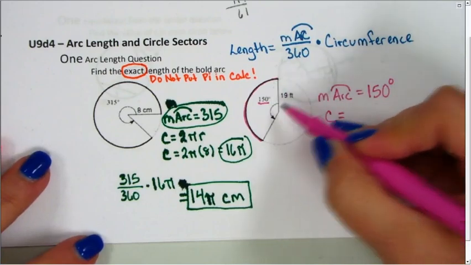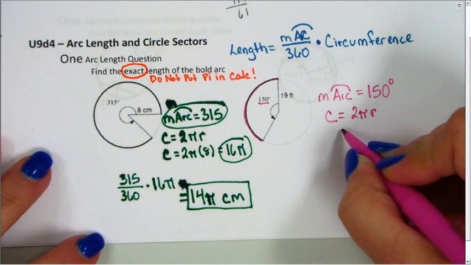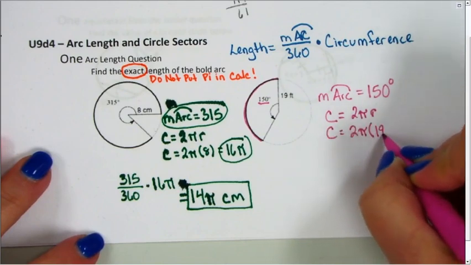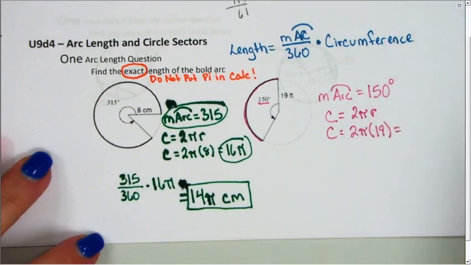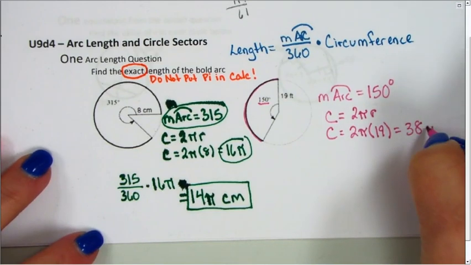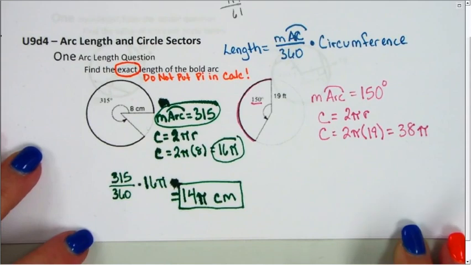I know my radius is 19, so I'm going to use 2 pi r. That's going to give me a circumference of 2 pi times 19, which is 38 pi. I didn't put the pi in the calculator, so it's still part of the answer.